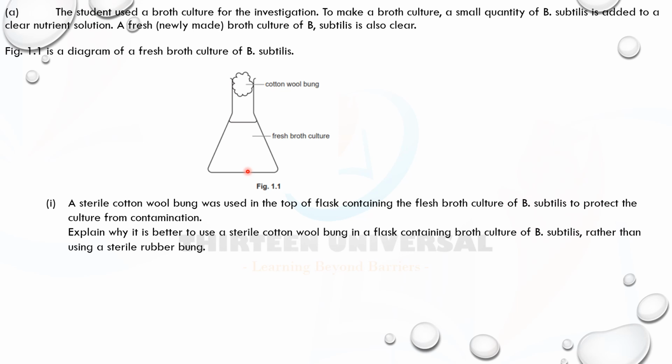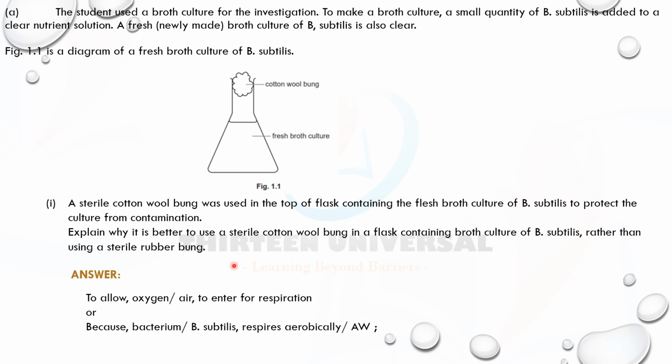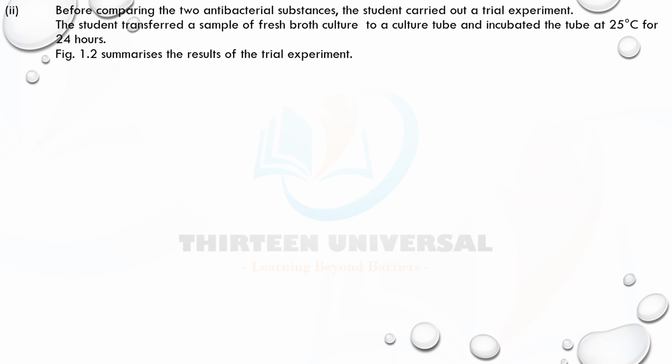Oxygen is needed. Let's see what the mark scheme says: to allow oxygen to enter for respiration. So they told you this. If you forget what they said at the beginning, you must remember what they said. That's why we encourage you to practice massive reading. Just one mark. Let's go.